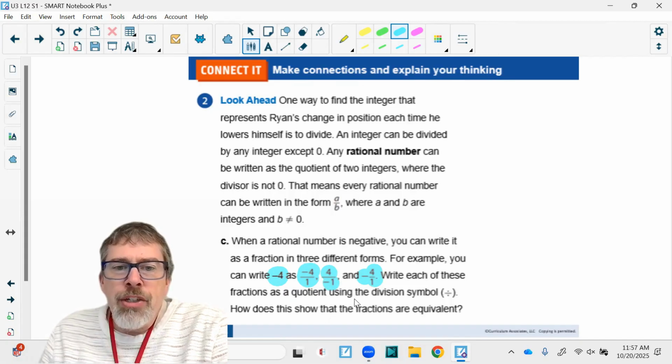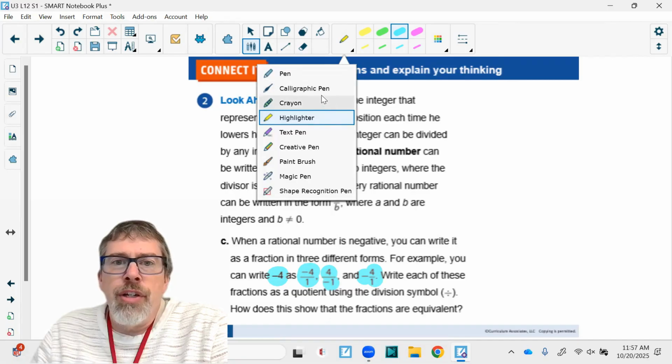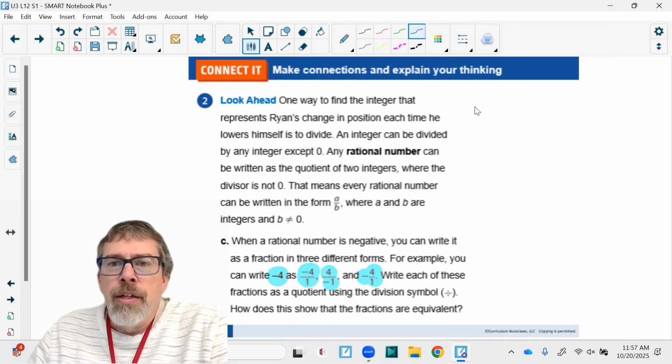So it says write each as a quotient using the divisor or the division symbol. So the first one, I'd say -4 equals -4 divided by 1. Okay, that's this one. The next one would be -4 equals, and now it's +4 divided by a -1.